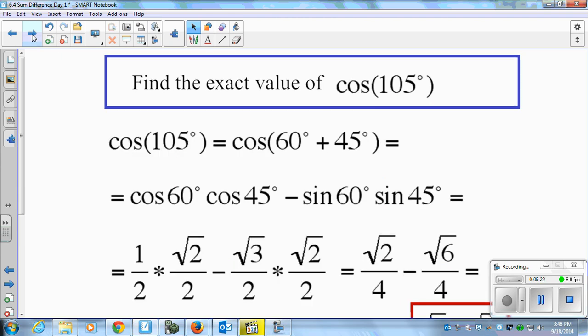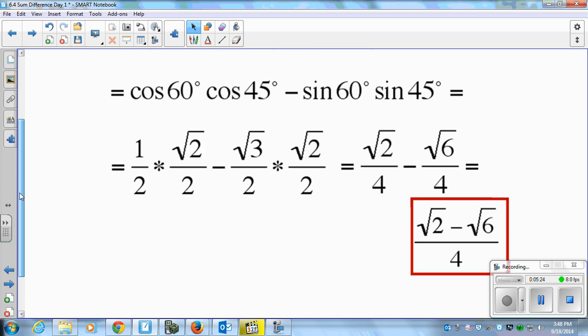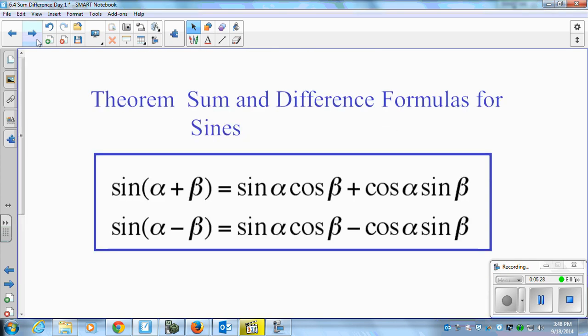There's it kind of worked out with the book and the PowerPoint. So the sum and difference formulas for sines. Notice the similarity and differences here. Notice for sine, the signs are the same, okay? But they alternate. We have sine of alpha, cosine of beta.